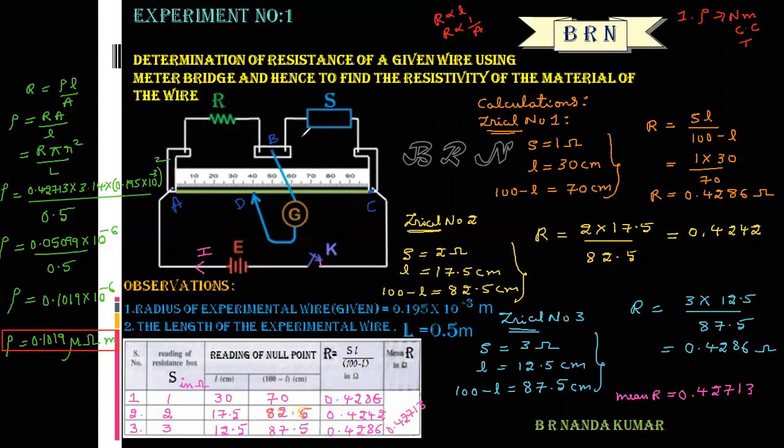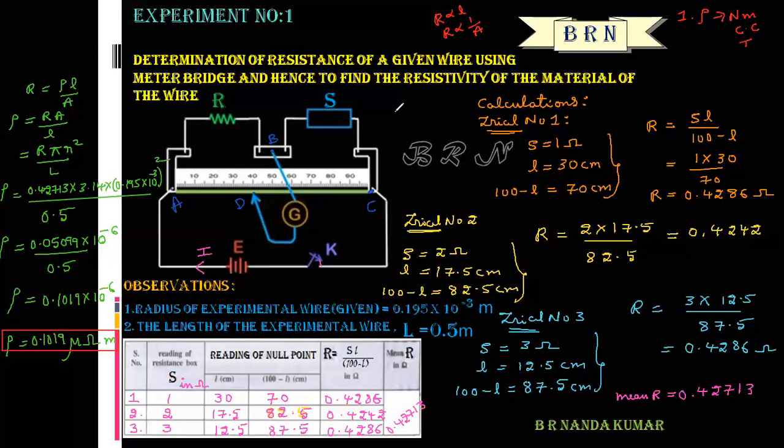Because resistivity is independent of the length and area of cross section. So when the length of the wire is doubled, the resistivity remains constant.